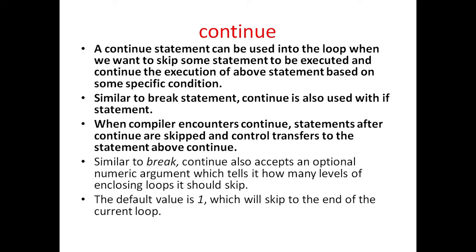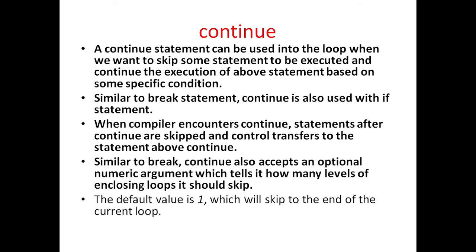When the compiler encounters continue, statements after continue are skipped and control transfers to the beginning of the loop. Similar to break, continue also accepts an optional numeric argument which tells it how many levels of enclosing loops it should skip. The default value for the numeric argument is 1, which will skip to the end of the current loop.